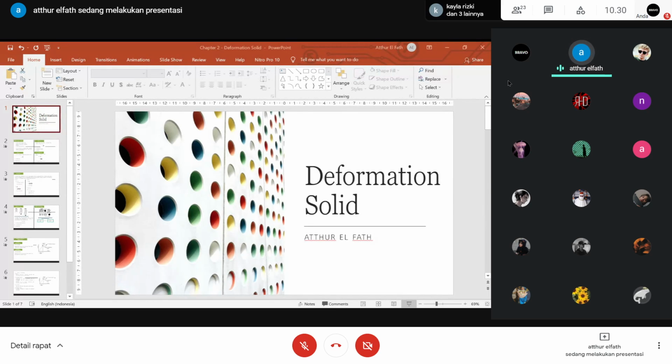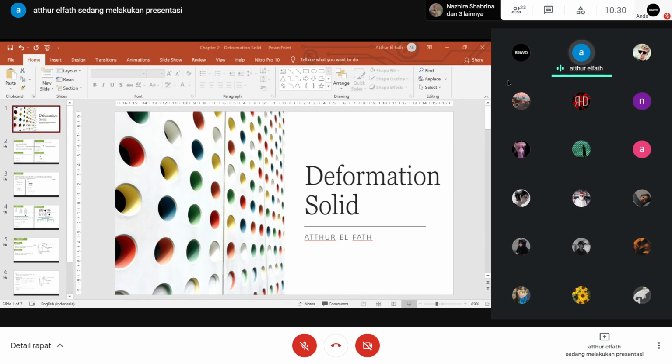By the way, this is the characteristic of solid material. I told you the solid material relates to a rigid body. I think you know about this characteristic of solid material or solid body, and it always retains its original shape.